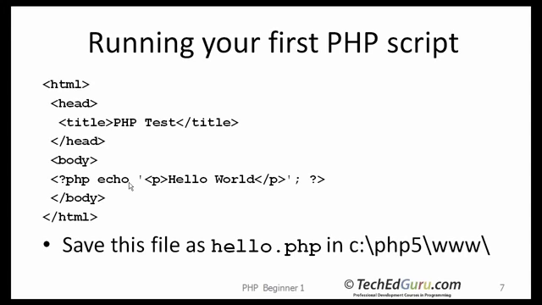Echo is for printing, and it says it'll print hello world on a new line, on a new paragraph. Go ahead and type that in carefully and save that one as hello.php. Remember, the file must have the PHP extension at that location.